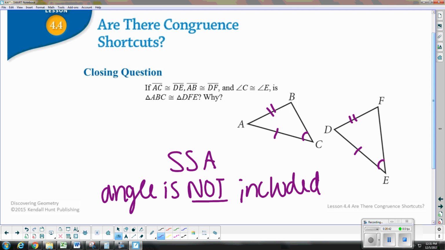So it is not an included angle. This is not an included angle.